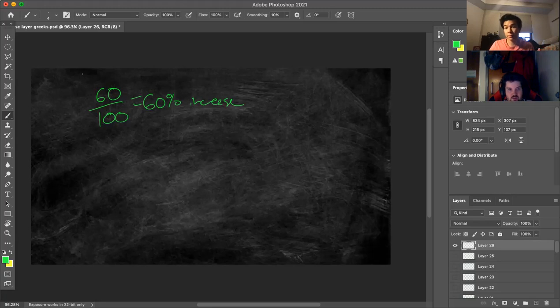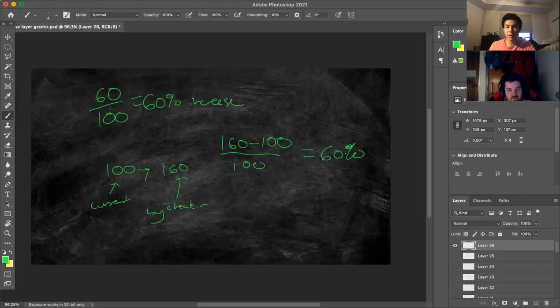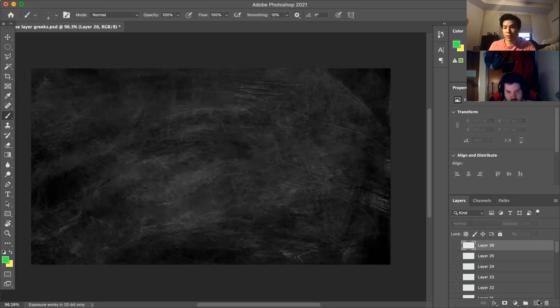So is this a 60% increase in their prediction of how many rooms are gonna book? 100 is current, and 160 is by check-in date. Okay. So this is 160 minus 100 over 100, we get 60%. Now we do that for the other two: 180 minus 100 over 100. We get an 80% increase.